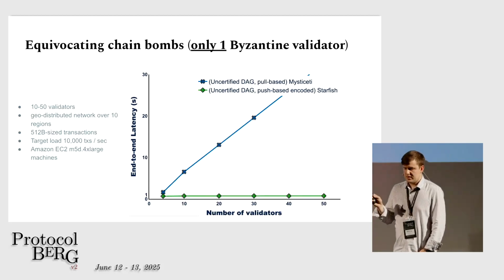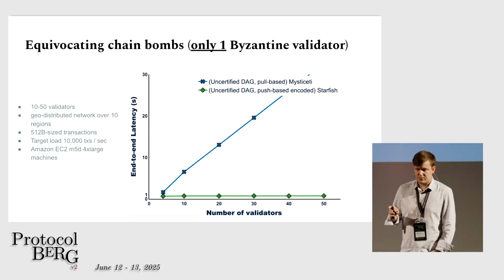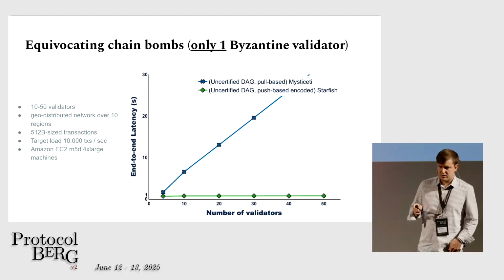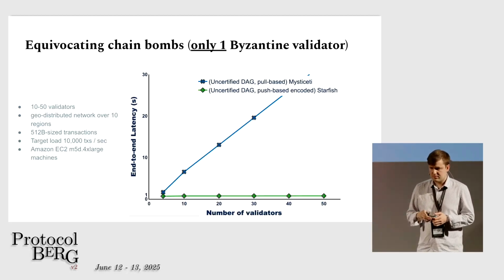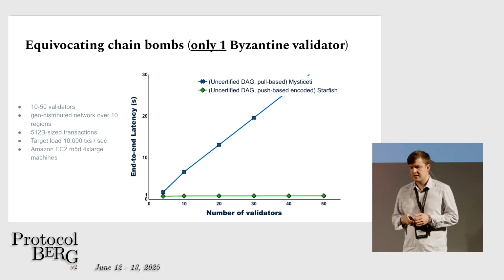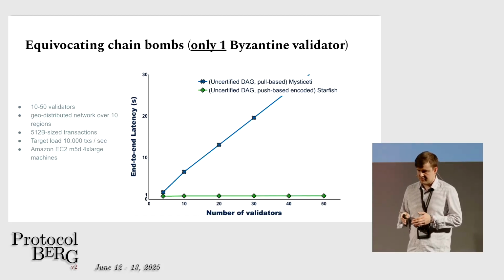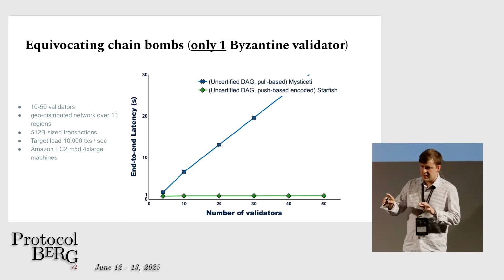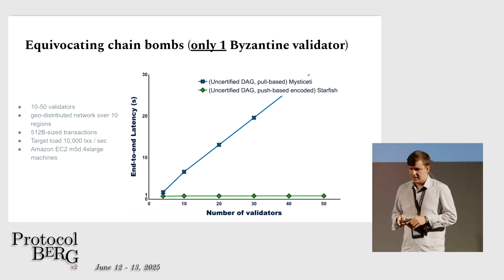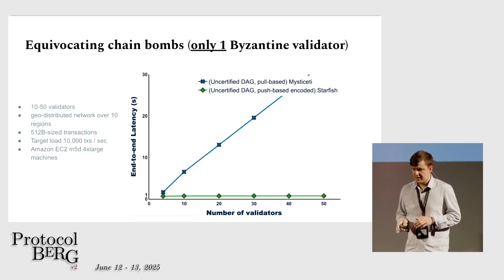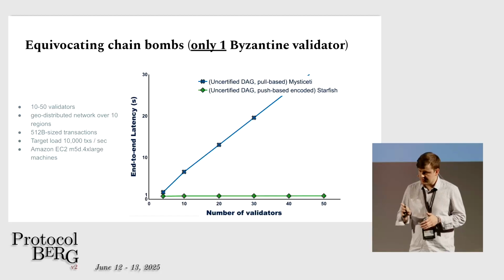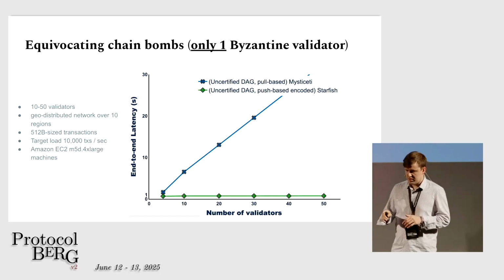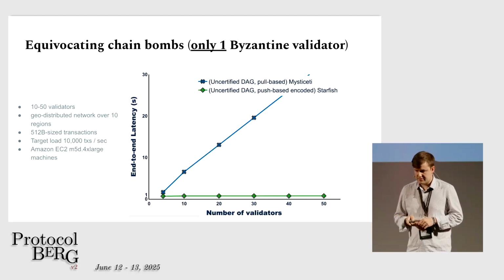The reason why we were thinking about this protocol is practical: it gives much more robustness against misbehavior or when some validators have a bad connection. For instance, if we have just one Byzantine validator with some specific Byzantine behavior, then we can increase the end-to-end latency for the Mysticeti protocol, whereas it's quite stable for any number of validators in Starfish.